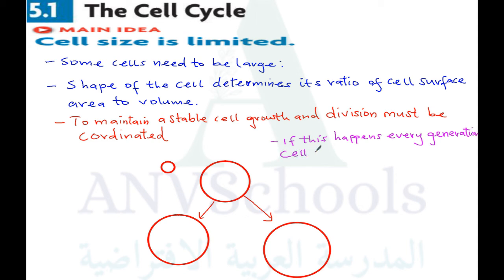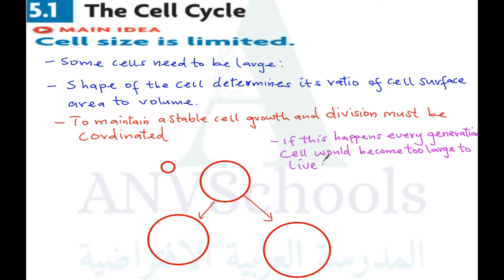Because of this, the cells have to have an upper limit in terms of growth.